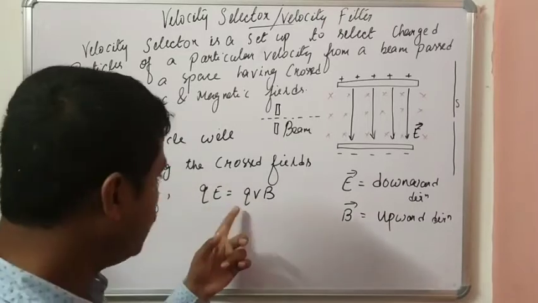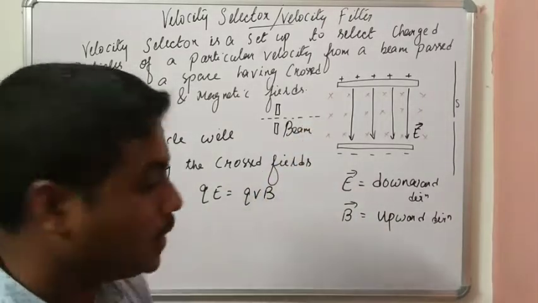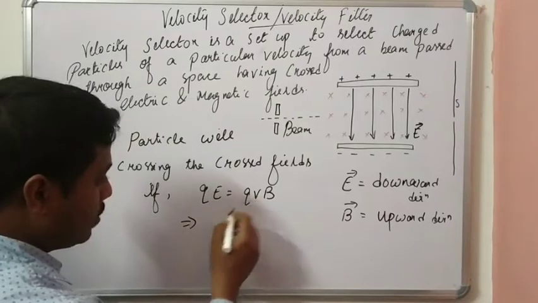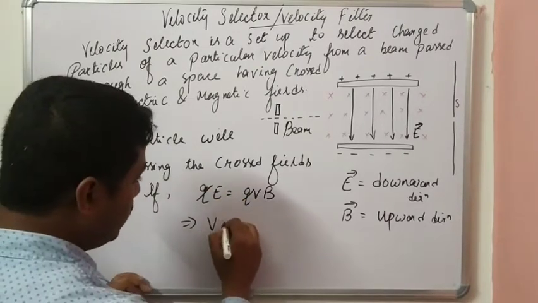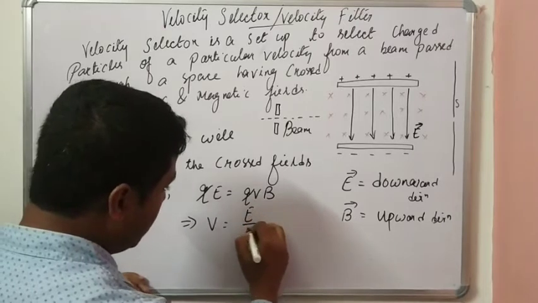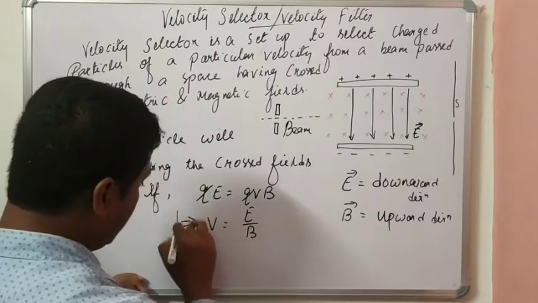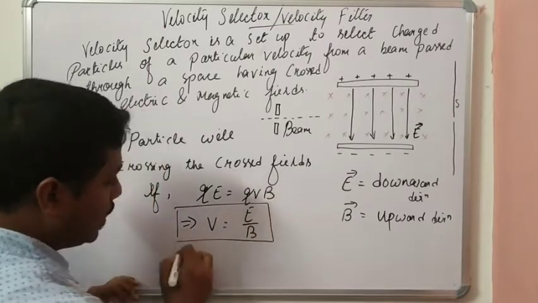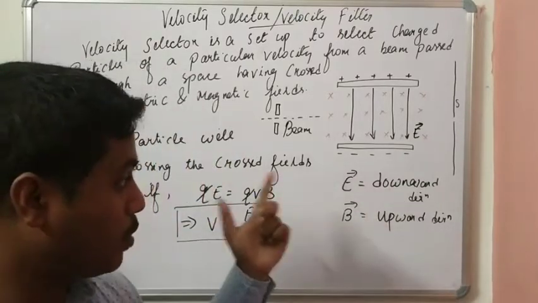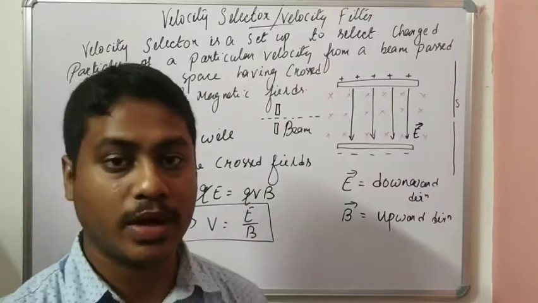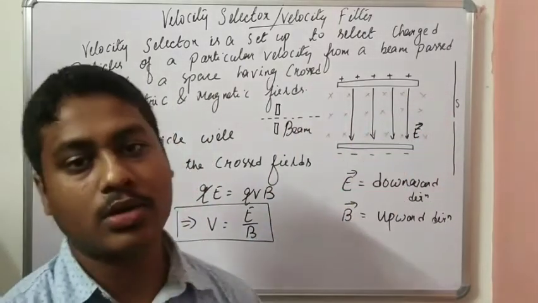I have considered q as a positively charged particle only. Because of this, this q and this q will cancel, and I can write v equals E by B. So this is the velocity with which we need to project the beam of positively charged particles. Then only it will cross the crossed fields.